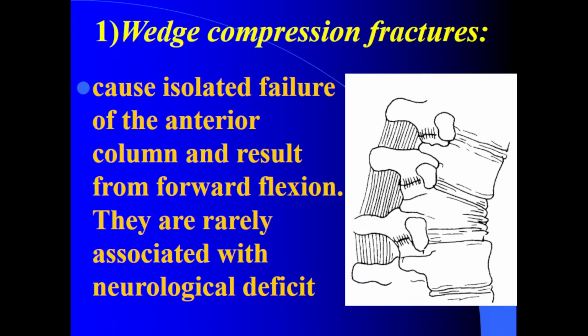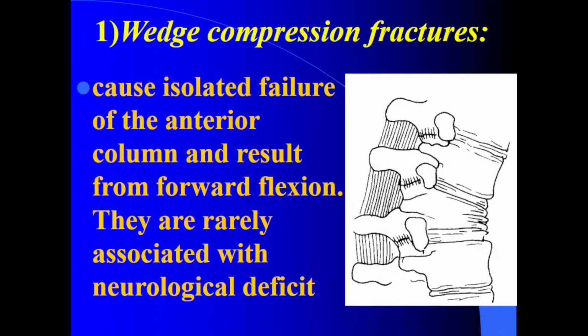Axial compression, for example, is falling from a height, from the second or third floor, and landing on the legs or buttocks area. For hyperflexion, most commonly it happens during a car accident. This is the so-called whiplash mechanism: the driver has a belt, and during the accident the car very fast slows down or stops immediately.